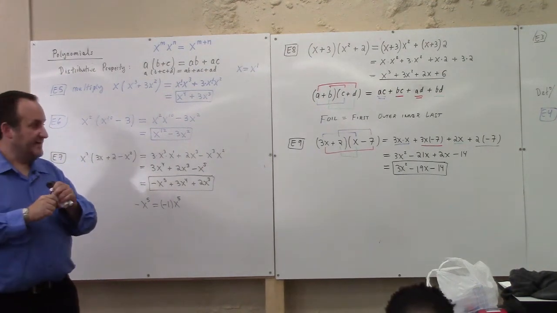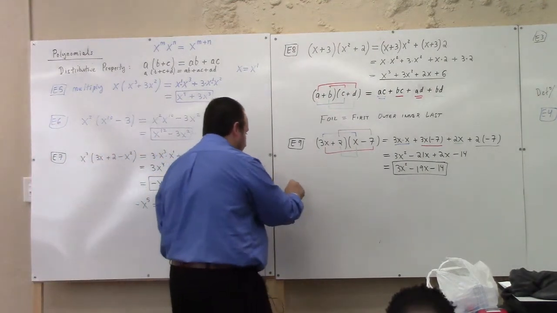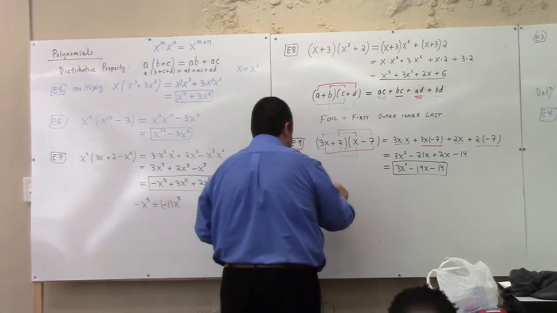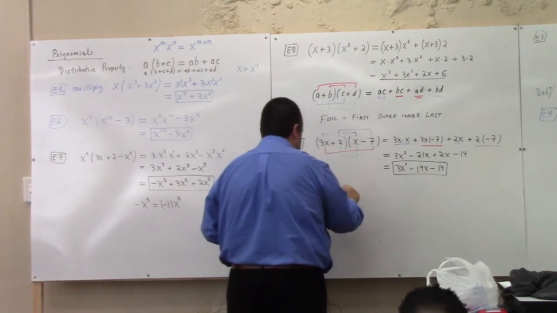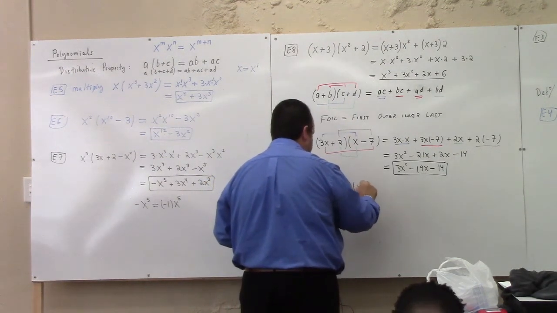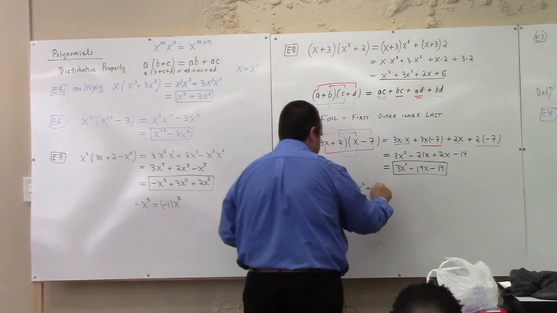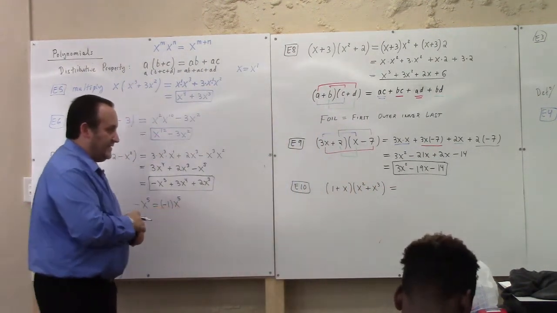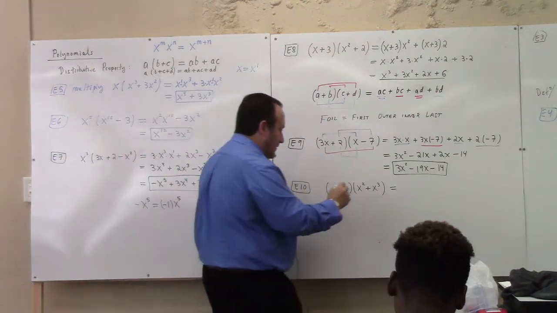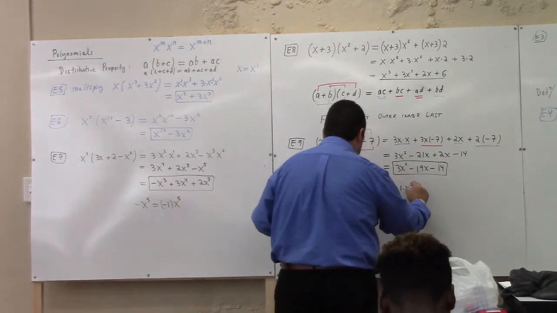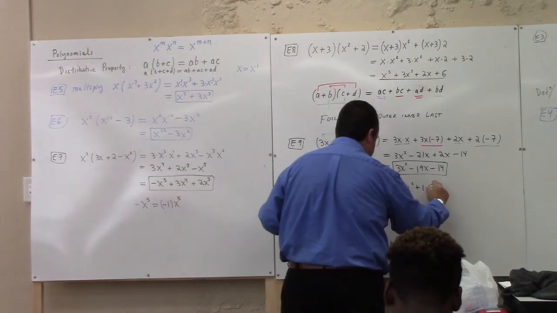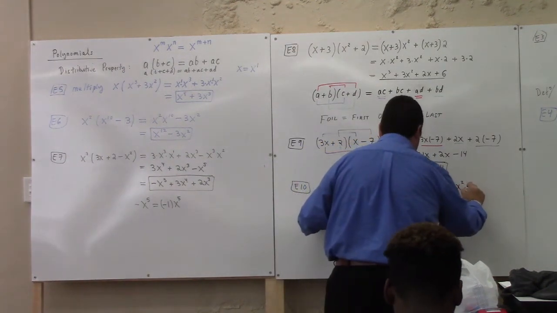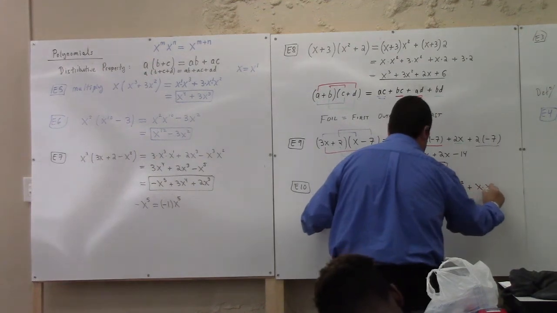Let me show you this doesn't happen if we multiply polynomials with not matching orders. So something like 1 plus x times x squared plus x cubed. If we multiply something like that, we're going to get 1 times x squared plus 1 times x cubed plus x times x squared plus x times x cubed.